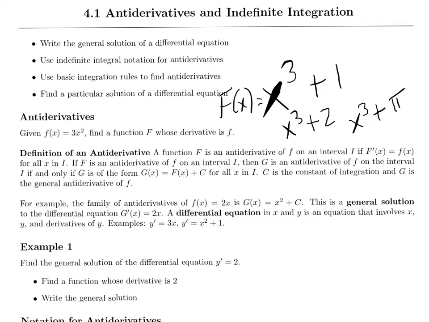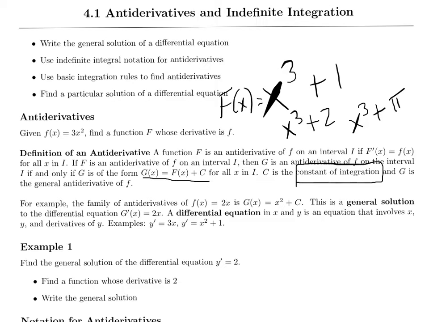If big F is an antiderivative, then G is an antiderivative if and only if G has this form: it's equal to big F plus C, where C is a constant called the constant of integration. G is what we call the general antiderivative of f.